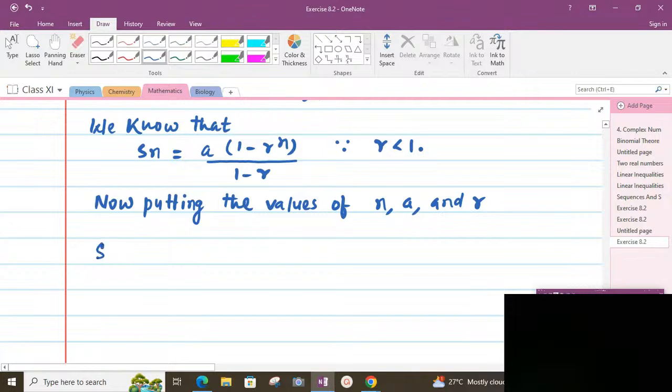So here S20 equal to the value of a is 0.15 into 1 minus the value of r, 0.1, to the power 20, by 1 minus 0.1.